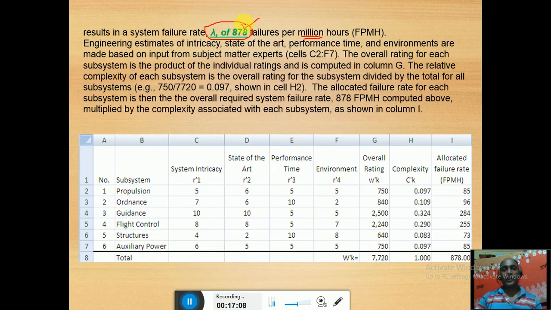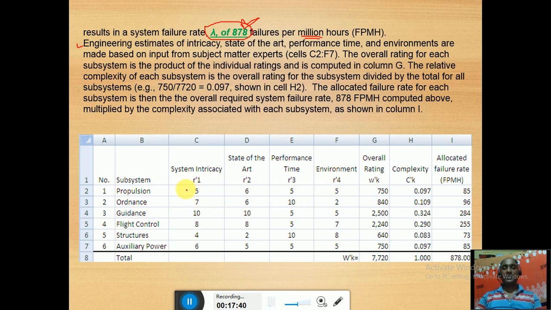Now we have to allocate this failure rate among the six subsystems. Once you do that, we can easily find out the reliability of each subsystem. Now, what you have to do here is consider the four different factors we discussed: system integrity, state of the art, performance time, and environment of each subsystem.